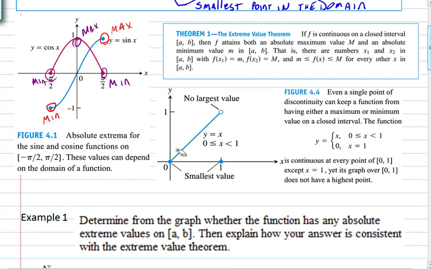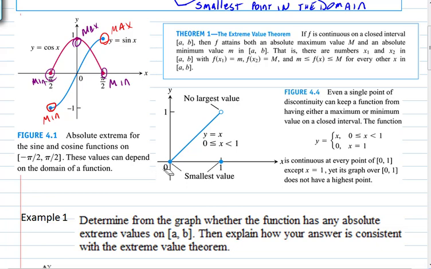For example, here's a piecewise function that has a single point of discontinuity at x equals 1. Consequently, there is no highest value of this function. Because there's an open circle here, this graph can get really close to y equals 1, but it never quite gets there. So that's why there's no largest value. There is a smallest value, and that is at y equals 0.